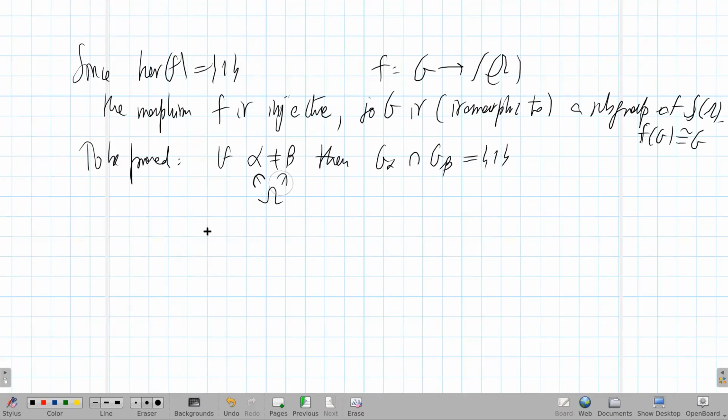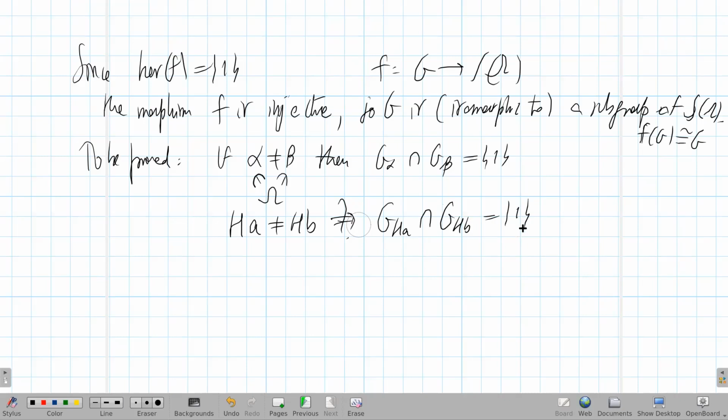So in this case, we take two cosets, okay? And we have to prove, to be proved, so a big question mark, that the two stabilizers have trivial intersection, okay?